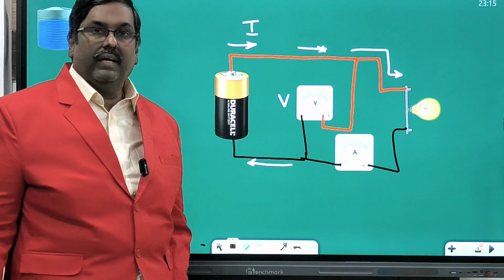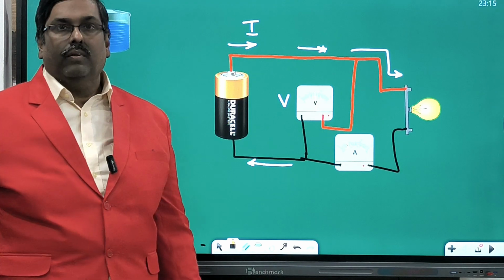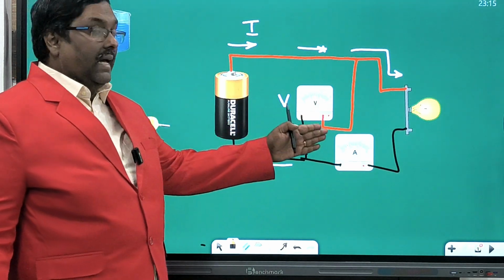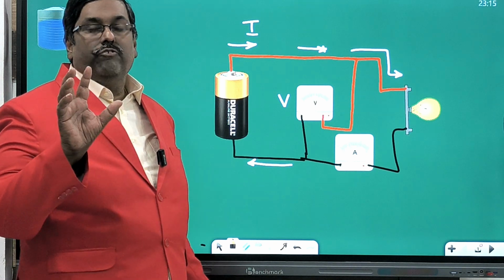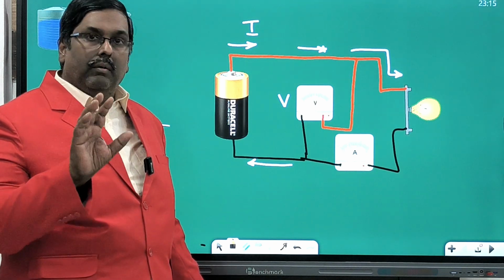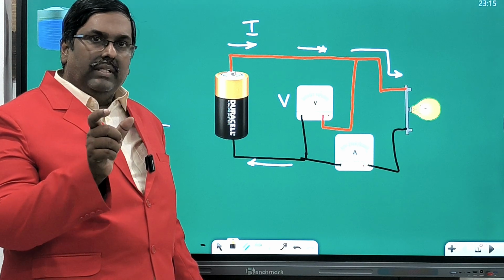So it is showing the 9 amps directly. Got it? There is no special meter for measuring the current. It is the voltmeter in parallel with the resistance.